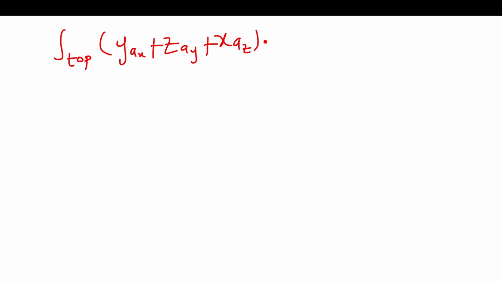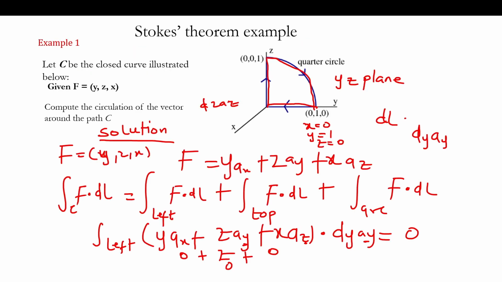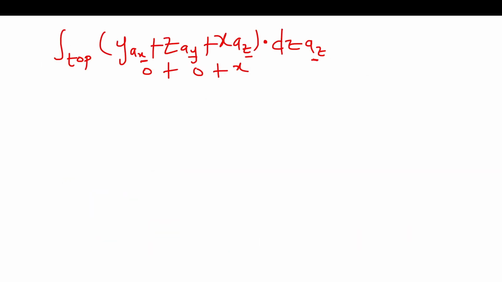So I'm going to write the dz in the z direction here. So once again, ax dotting az is 0, ay dotting az is 0, az dotting az is 1. So I'm going to have x here. Let's go back and check. Over here too, we can see that x is 0, y is 0, z is 1. So x here is 0. So I'm going to get 0 for the top too.